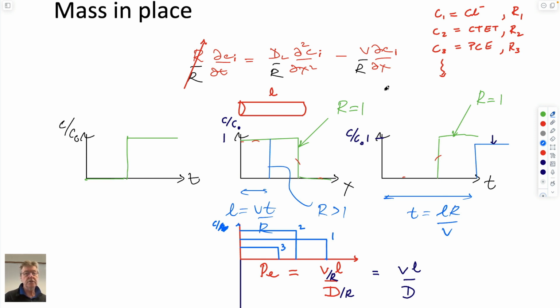And so you can certainly use this expression to follow those separate three species downstream that each have different values of retardation coefficient and different values of initial solubilities. The solubility of chloride, the solubility of carbon tetrachloride, and the solubility of PCE. Right?